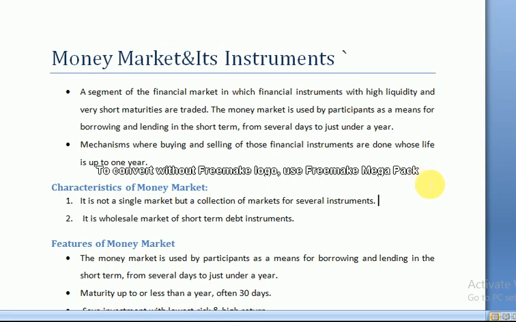Look, dear students, the money market is a component of the economy which provides short-term funds or securities. It deals in short-term loans, generally for a period of less than or equal to 1 year, or 365 standard days.